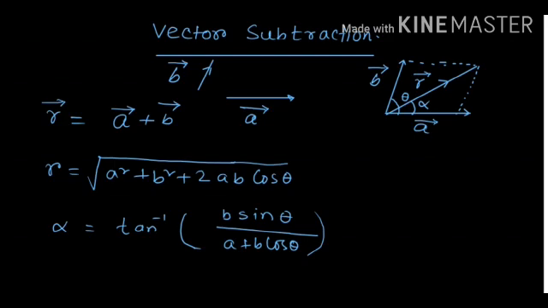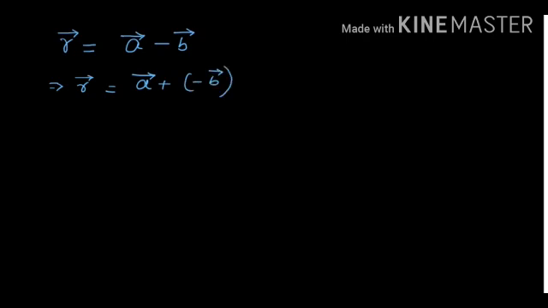Now we want to subtract two vector quantities. Suppose we have these two vectors, vector A and vector B, and we want to subtract vector B from vector A, and suppose we get a resultant vector R. Now this I can write as A plus minus B. So we are adding two vectors.